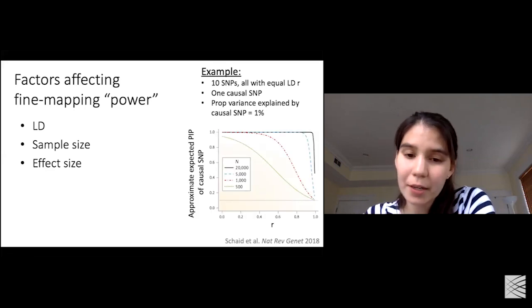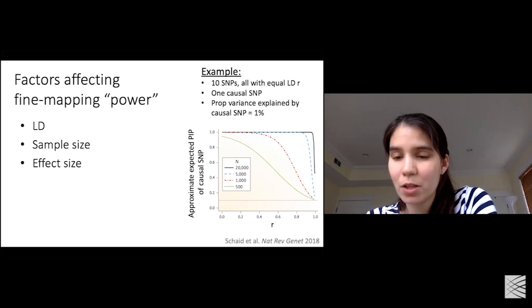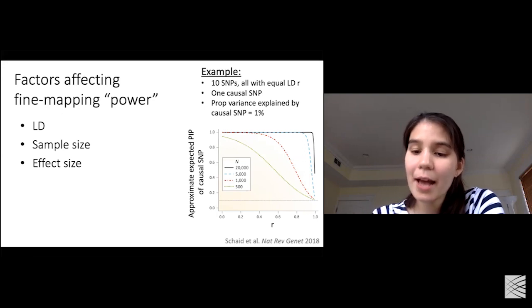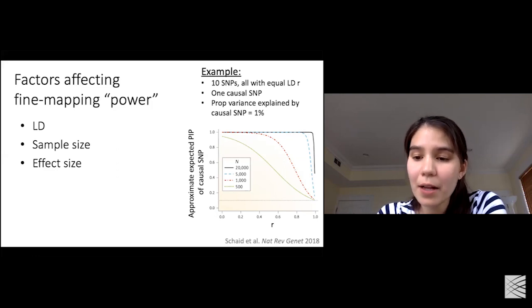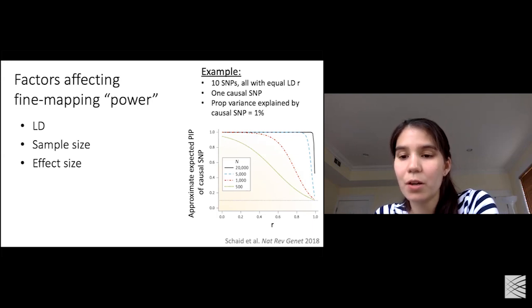And they created this figure. Here, high values are good. That means we were able to narrow in with a lot of confidence on the causal variant. You can see that on the x-axis, as the amount of LD among variants in the locus changes, you're less and less confident that the causal variant is actually causal.